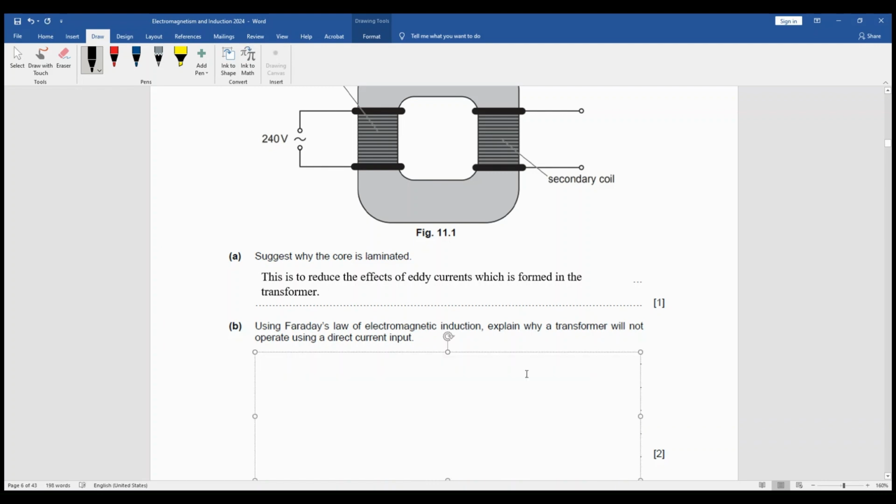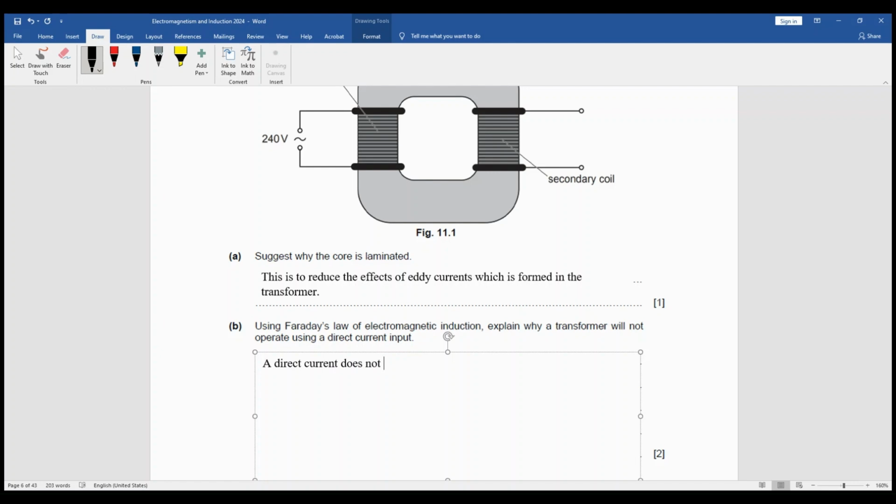Okay. Why a transformer will not operate? Since they say a direct current, we start from a direct current. A direct current does not change direction.